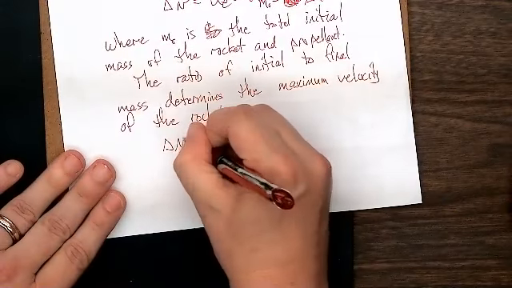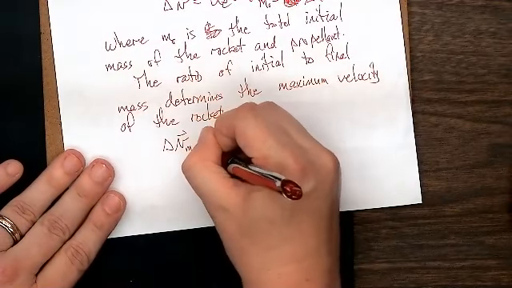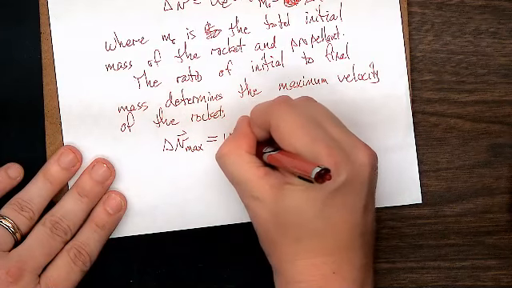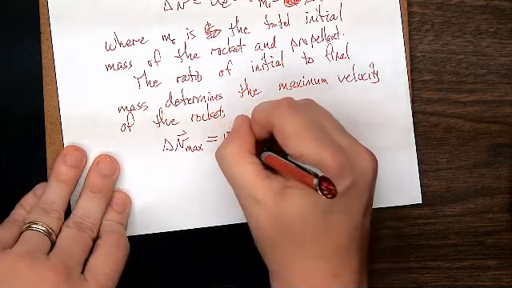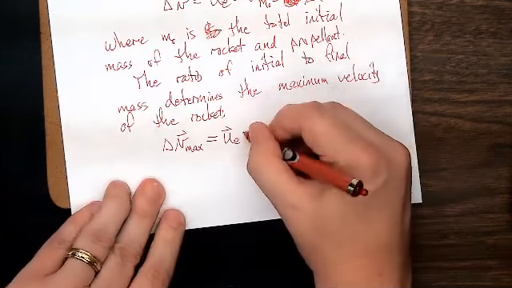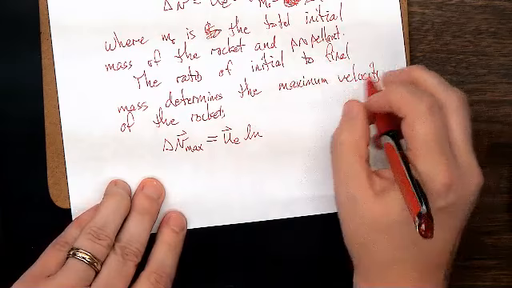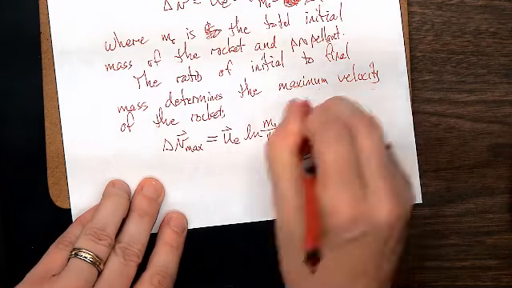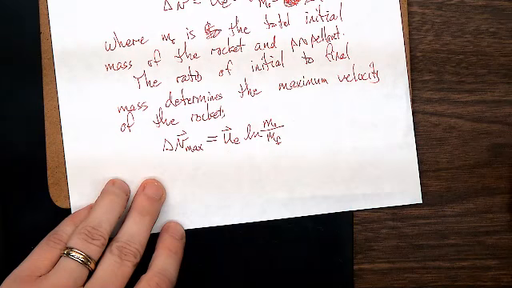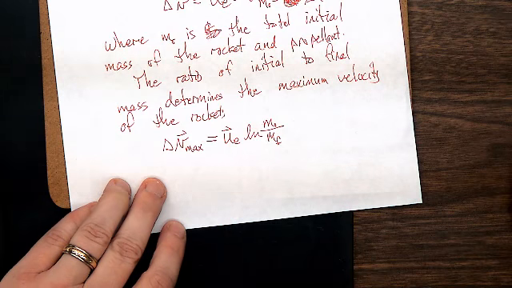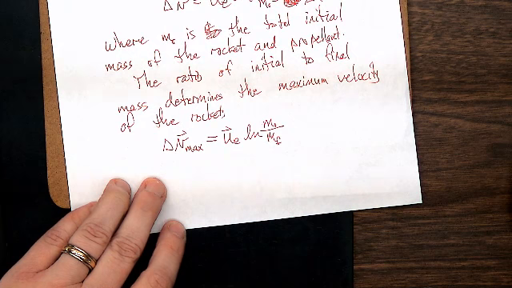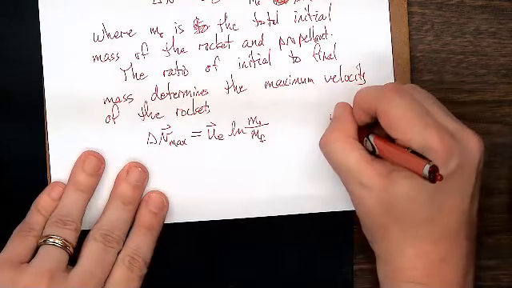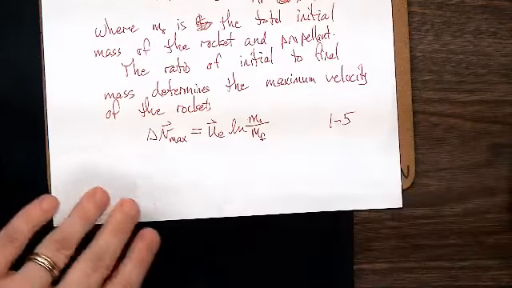So the change in the velocity vector that is maximum is equal to the exit velocity out of the rocket times the natural log of the initial mass divided by the final mass, where the final mass is just the initial mass minus the delta M used in the propellant. Okay, this is equation 1.5.